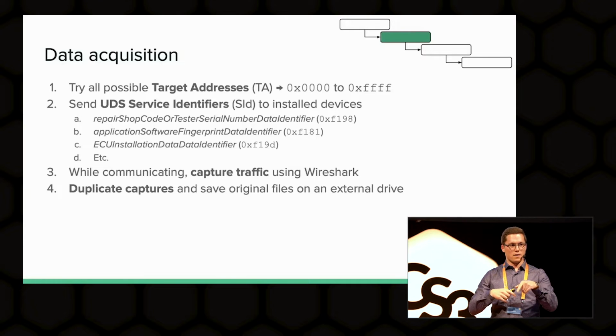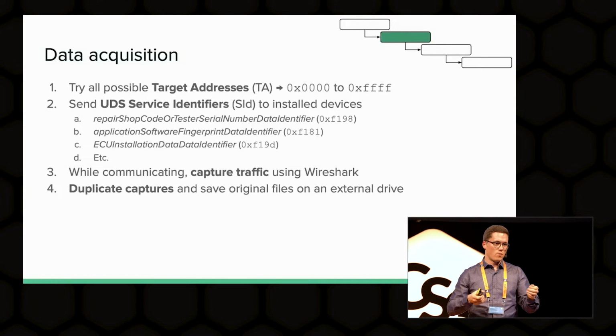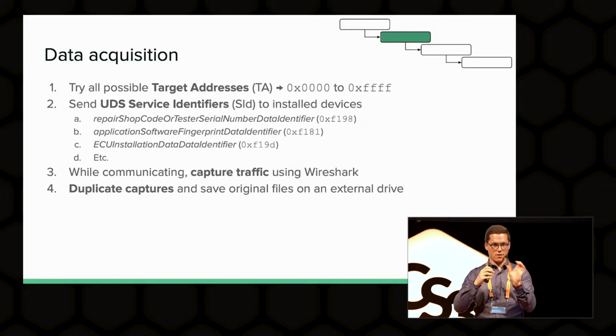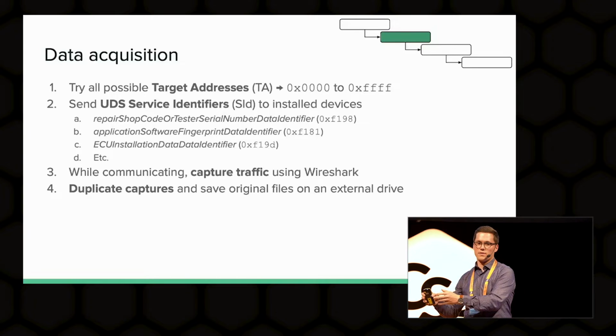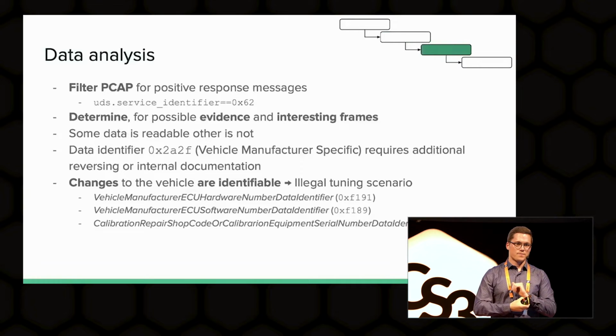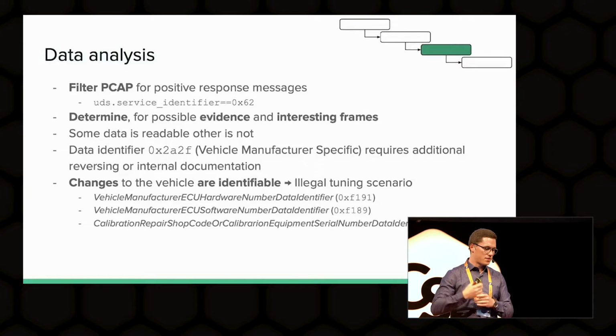While communicating with the car and using our analysis computer, we are capturing the traffic, storing it in a PCAP file, duplicating it, creating a hash of the PCAP, and storing it on an external device. The copy of the data will be used for the later analysis I'm presenting now.